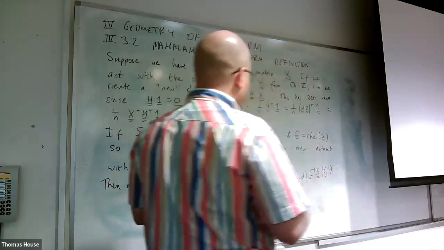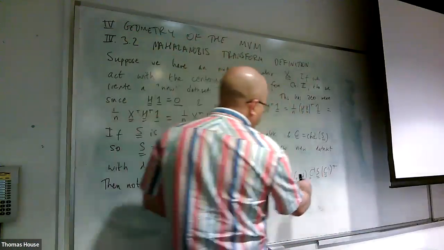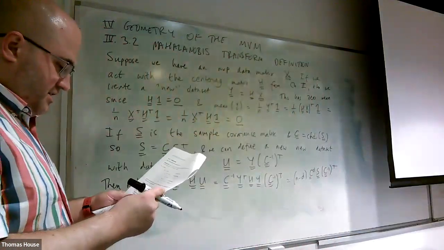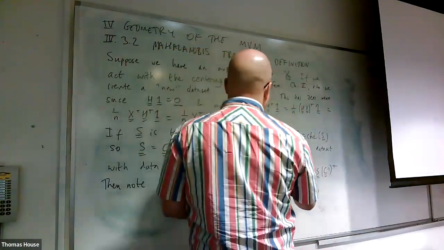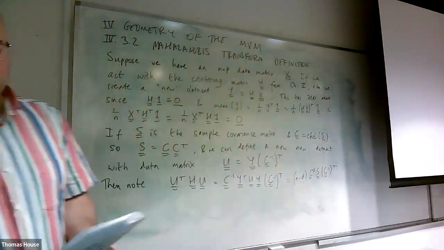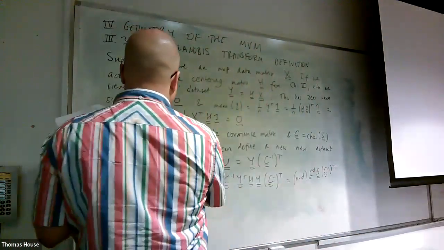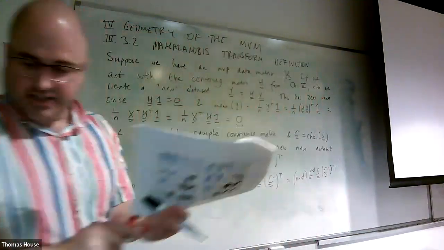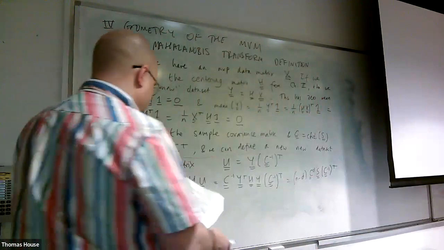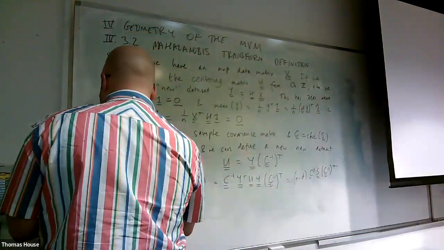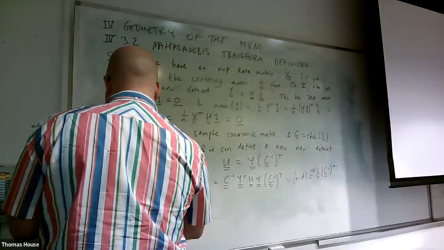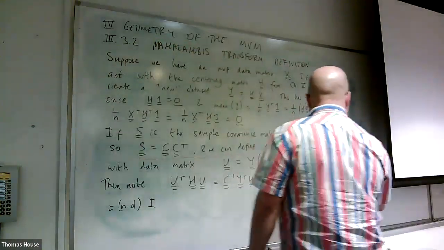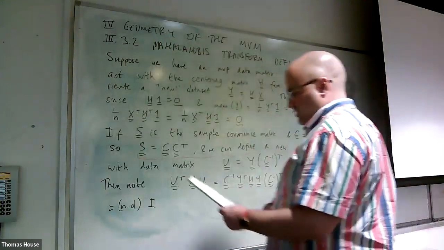And so there's C minus 1, C minus 1, yeah. And then again, we're going to spot that the S there is equal to C C transpose, right? So this should look familiar. So that's equal to 1 over n minus d, and I'm already substituting in C C transpose.